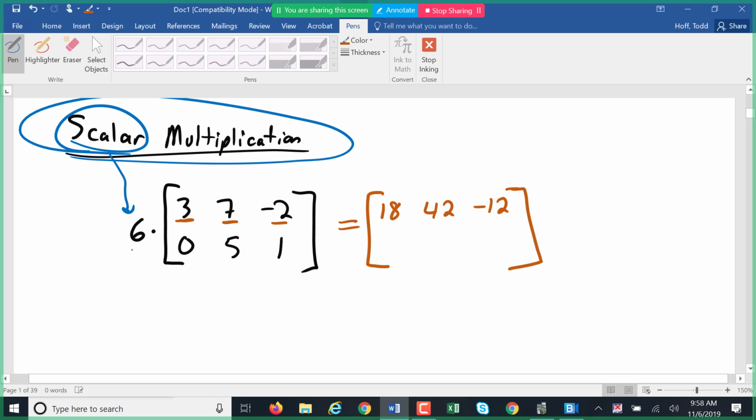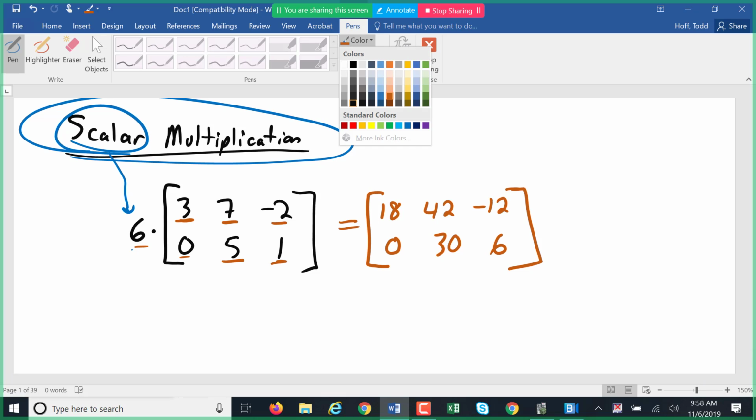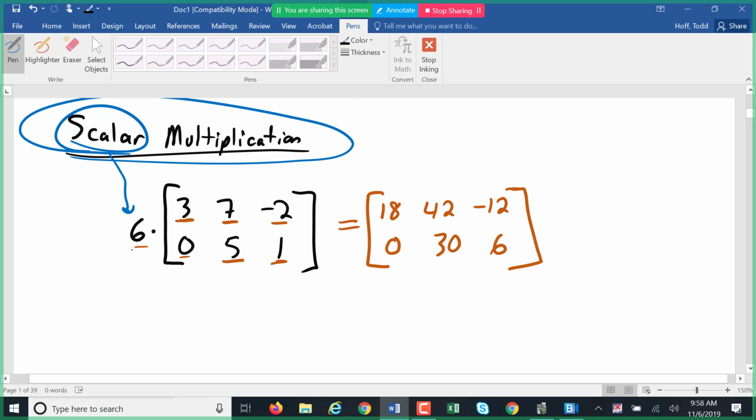The second row, 6 times 0 is 0. 6 times 5 is 30 in the second column. And finally, row 2, column 3, 6 times 1 is just 6. So that's scalar multiplication. Scalar division isn't really a thing, because we can just multiply by a fraction, which is the same as doing scalar division.